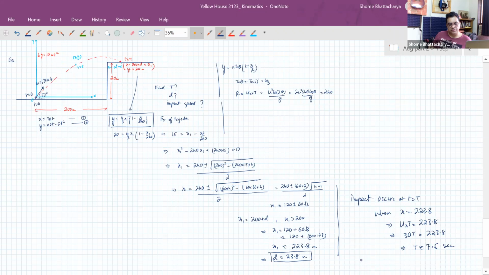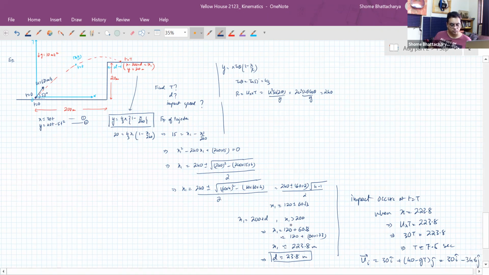And from that you can find the impact velocity also, and then take the mod of that, which will give you the impact speed.